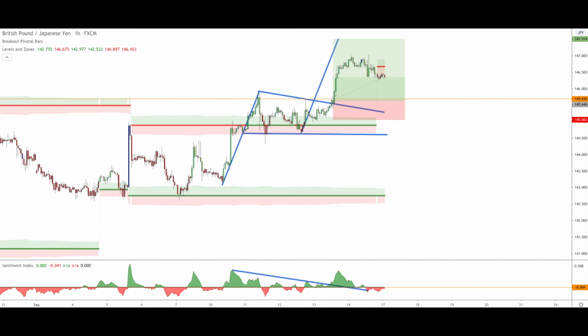However, I still believe that our analysis is correct, so I'm still expecting the price to eventually move higher and reach the target. The bearish sentiment is just moving sideways, and it's not increasing significantly, so I much more see this as a sideways movement rather than an actual top here.